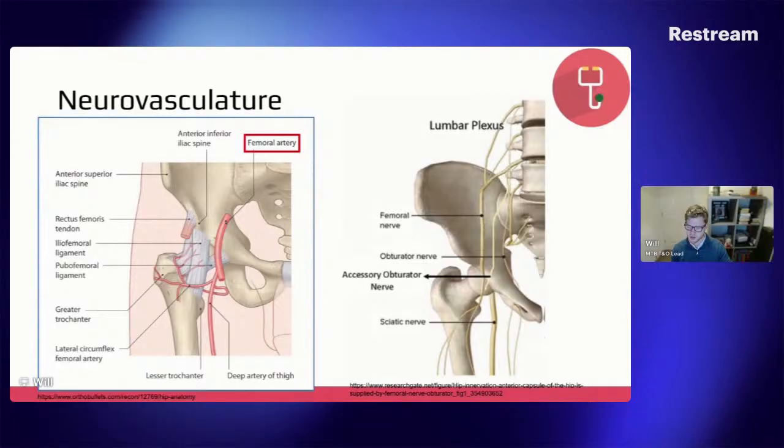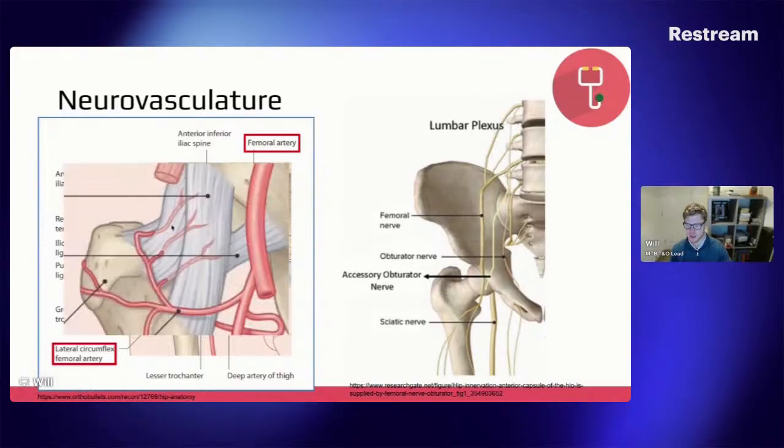Other important arterial structures is the lateral circumflex artery. The profunda femoris gives off both lateral and medial branches, and these form a ring around the top of the femur here, coming around the greater trochanter. Now, why that's important for us in orthopaedics, specifically for the hip, is because of these structures here zoomed in.